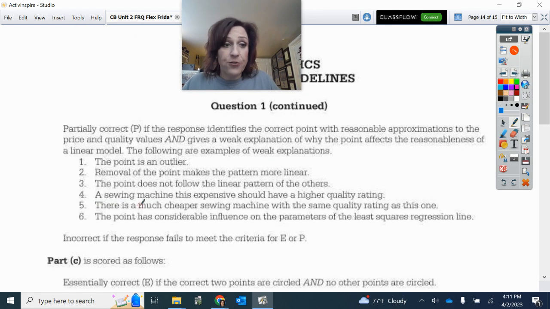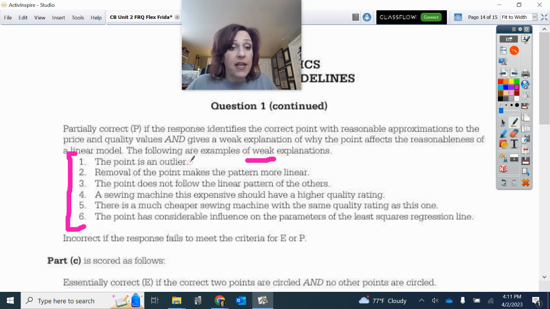Here's why that's interesting: I could see lots of people giving this kind of explanation, yet this would become partial credit because these are considered weak explanations. Just flat out saying the point's an outlier. The removal of the point makes the pattern more linear.